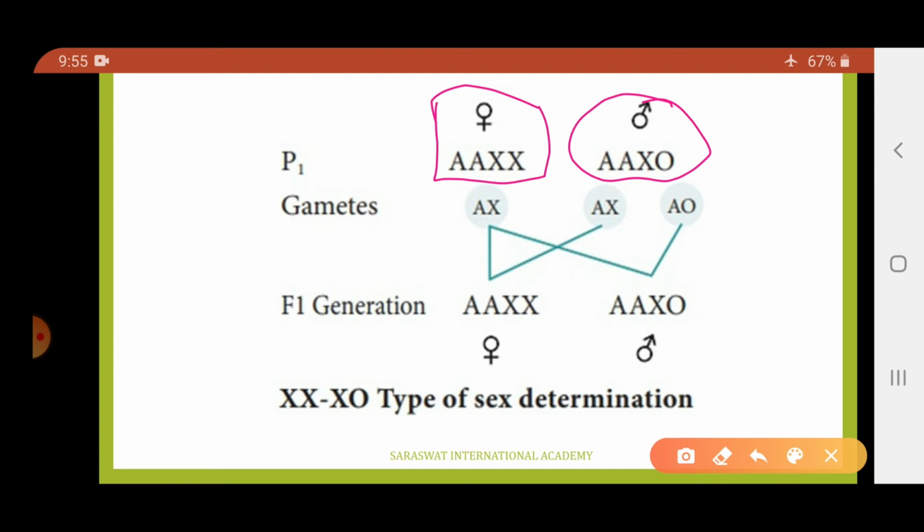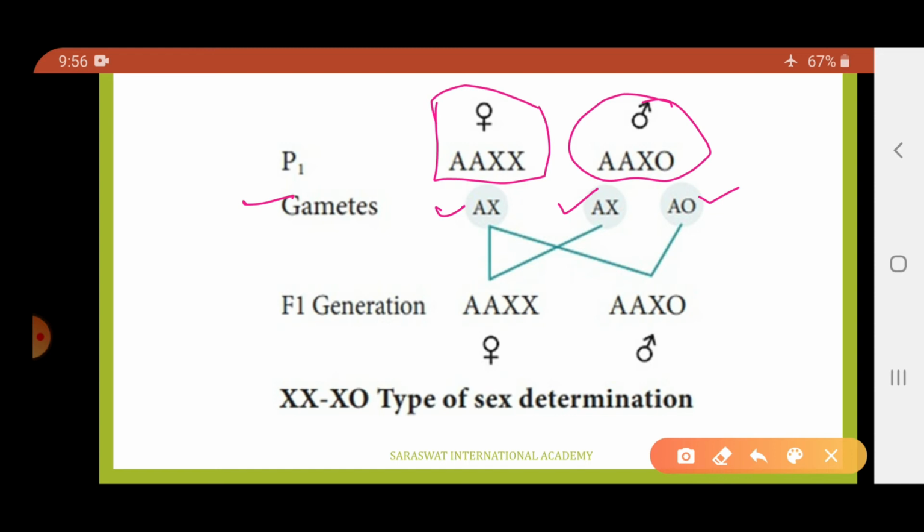X0 means with one X chromosome, right? Now all the gametes produced by the females will be AX. Now all the gametes produced by the males, 50% will have the composition AX and 50% will have the composition A0.